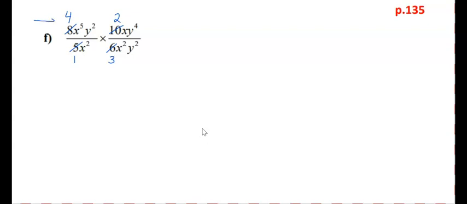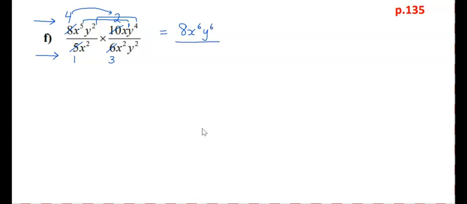And now we can go ahead and multiply numerator times numerator, denominator times denominator. 4 times 2 is 8, and then check out our exponents. x to the power of 5 multiplied by x to the power of 1 means we add: x to the power of 6. y squared multiplied by y to the power of 4 means we add those exponents. That's product law. y to the power of 6.